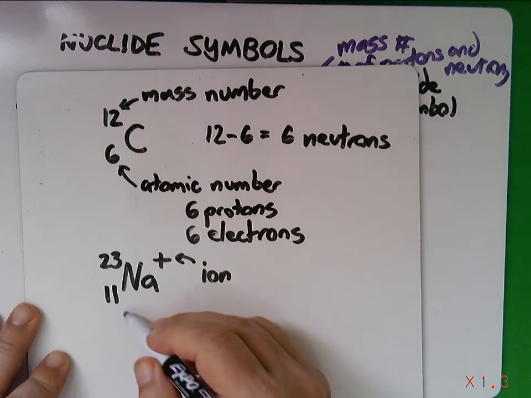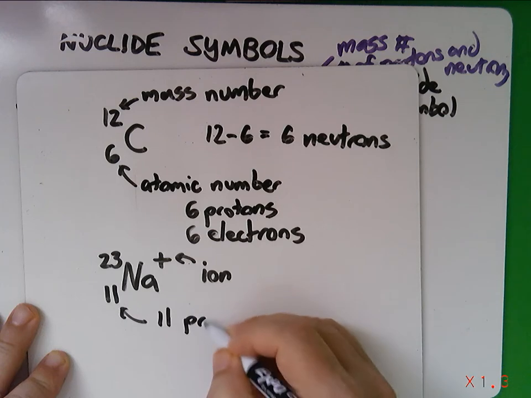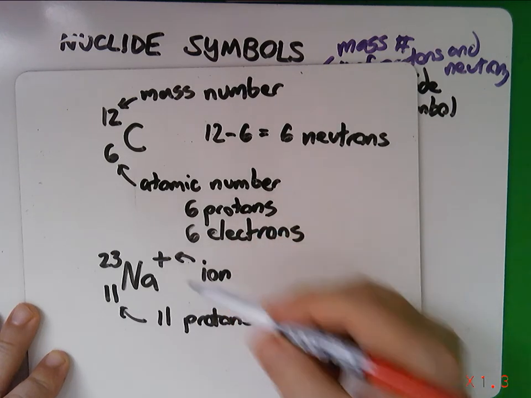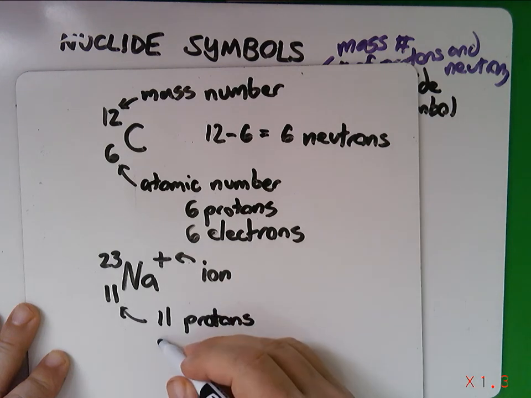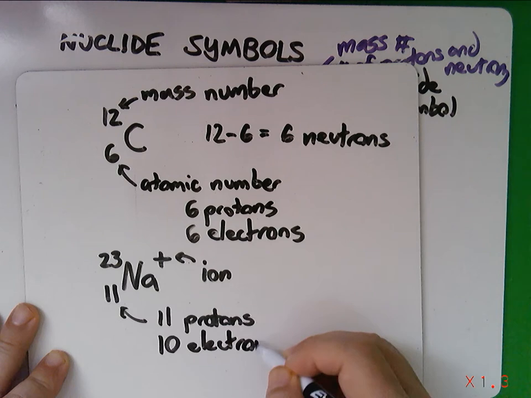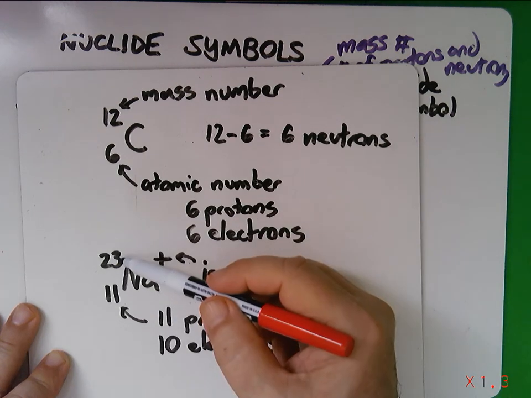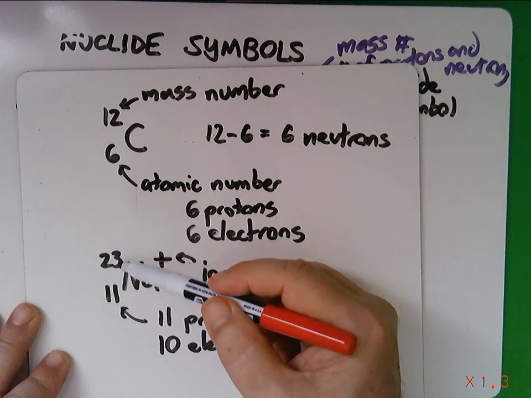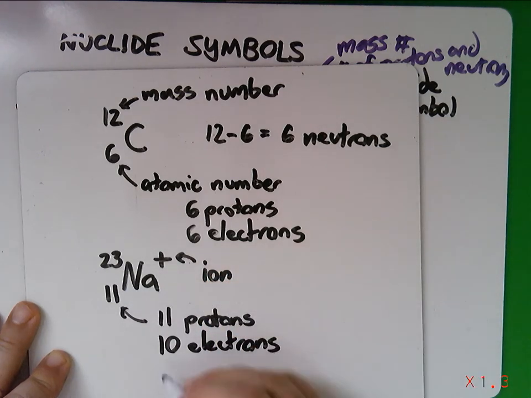So the atomic number is 11, so you know you have 11 protons. The charge is plus 1, and that means that you must be missing 1 electron. So there are 10 electrons. And how many neutrons? You can take the difference between the mass number and the atomic number. So 23 minus 11 is going to be what? 12, right?